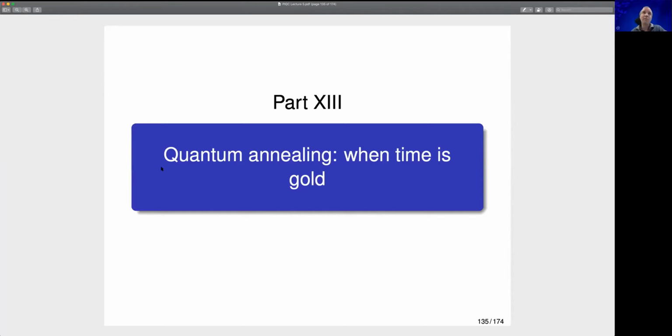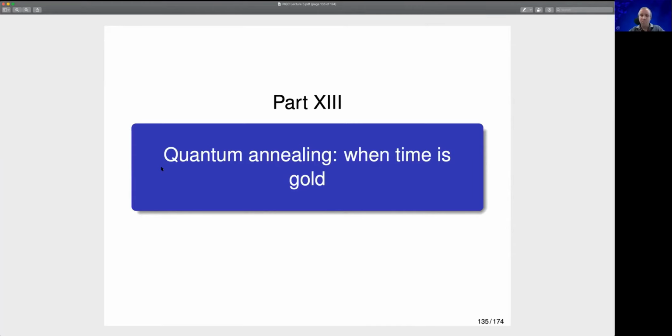So I'm going to turn now my attention to these algorithms which can be implemented with the computers that we have today, and we are going to study several different algorithms that we can use, in this lecture for the problems of combinatorial optimization, and in the next lecture for quantum machine learning.